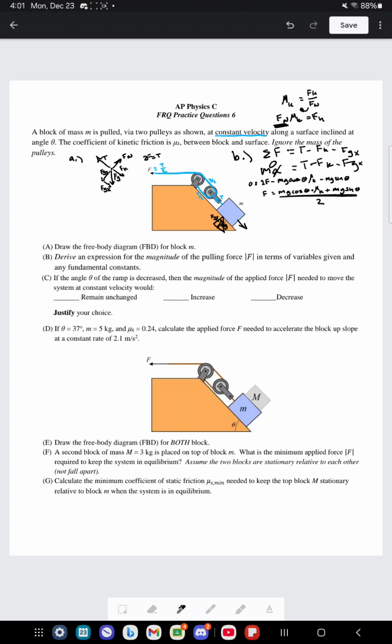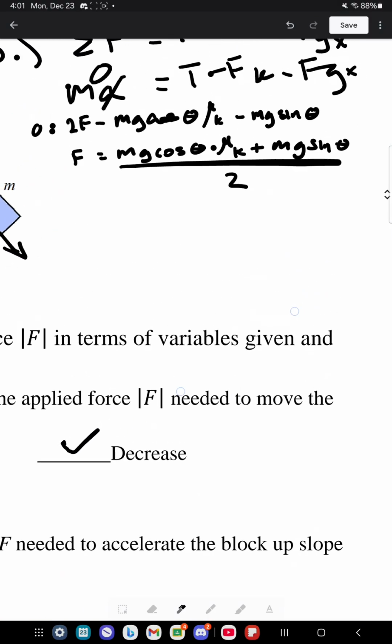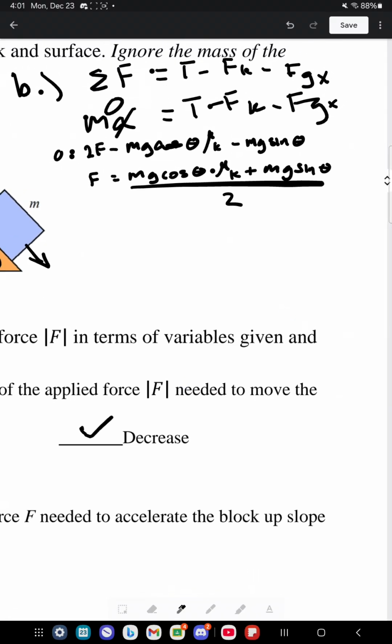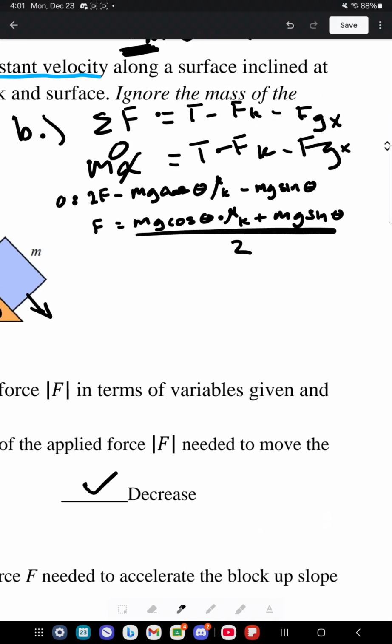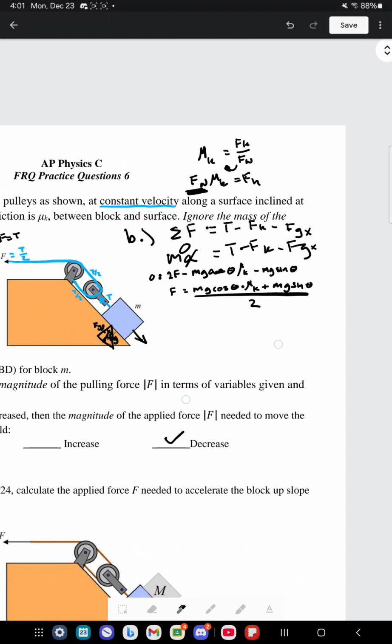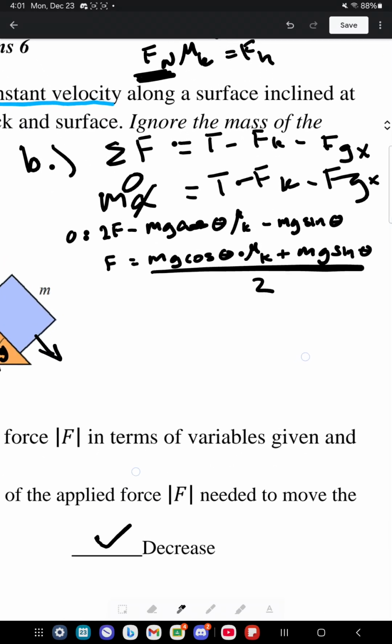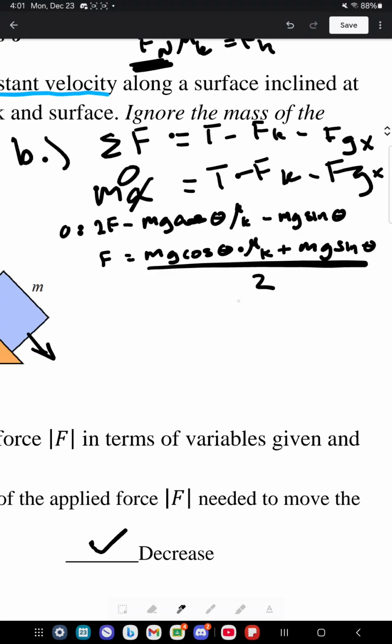As for the next question, if the angle is decreased, the magnitude of the applied force would also decrease. And the reason for that is because using our formula that we derived earlier, the angle decreased, which means that, let's see.